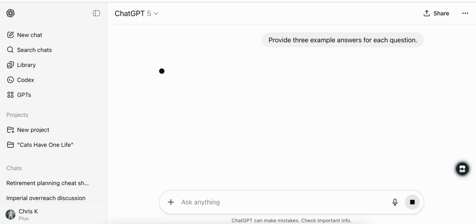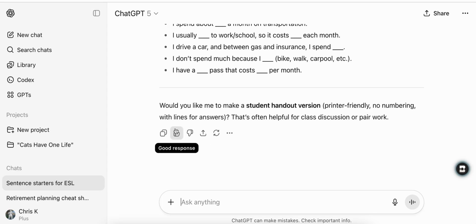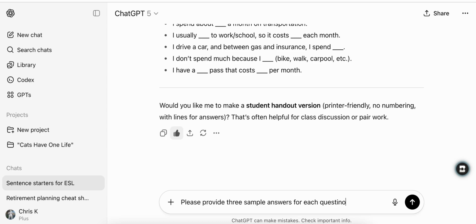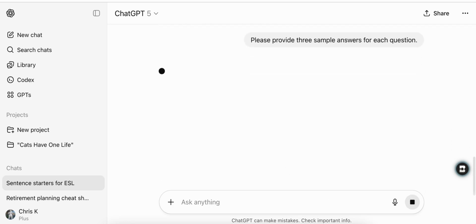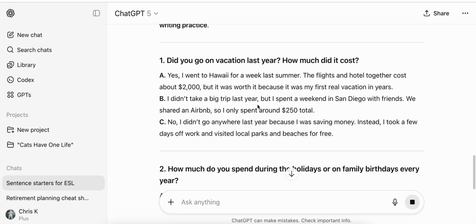I'm going to reload this. Let's see. ChatGPT has been a little bit slow recently. Yeah, it's not even showing up here. Okay. Please provide 3 sample answers for each question. Yeah, see, now it works.